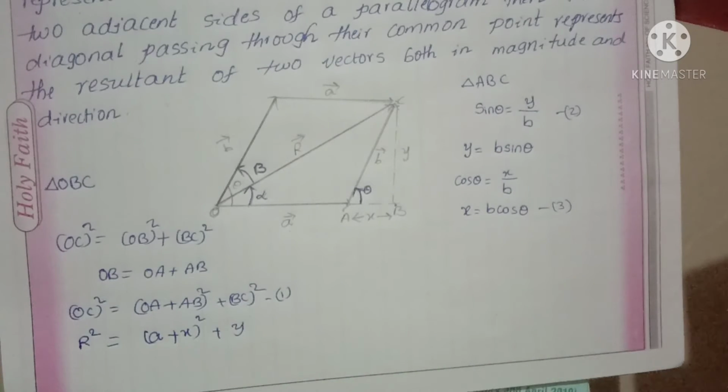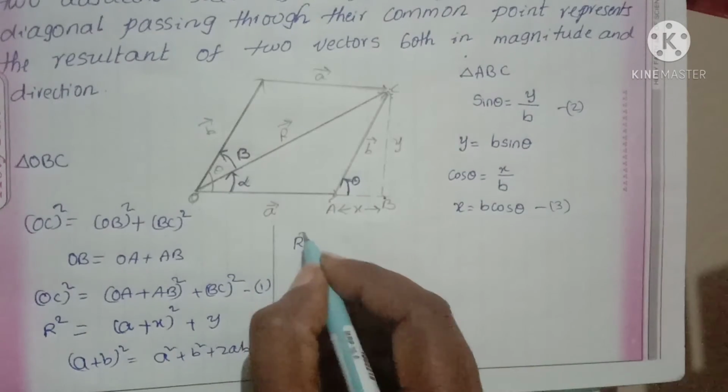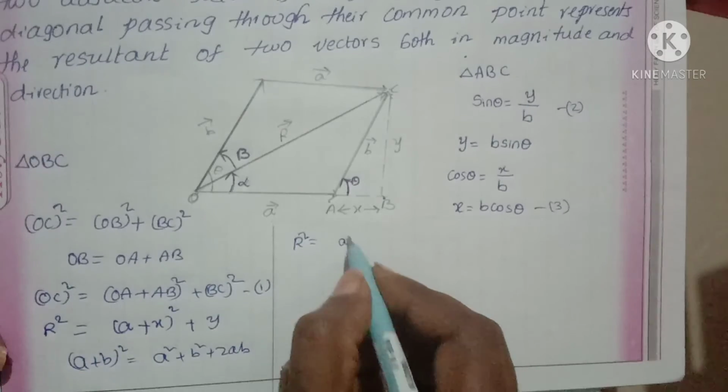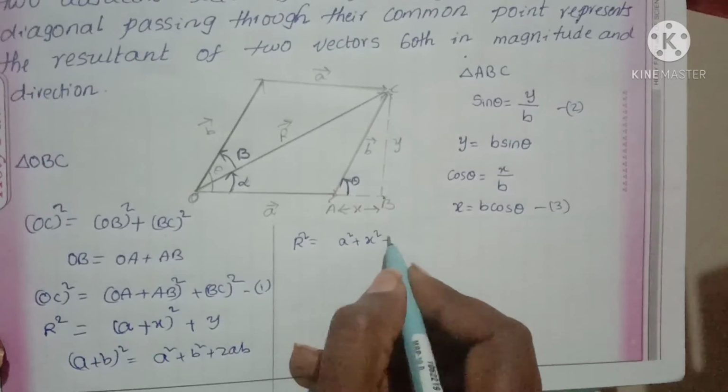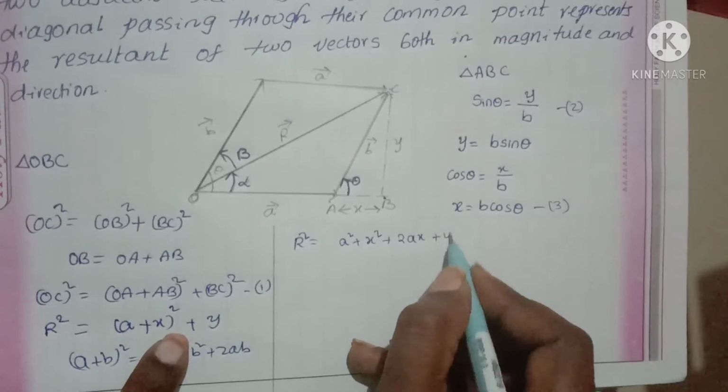So this is the formula. Here we can write (A plus X) whole square. What is the formula for (A plus B) whole square? (A plus B) whole square equals A square plus B square plus 2AB. So now R square equals A square plus X square plus 2AX plus Y square.